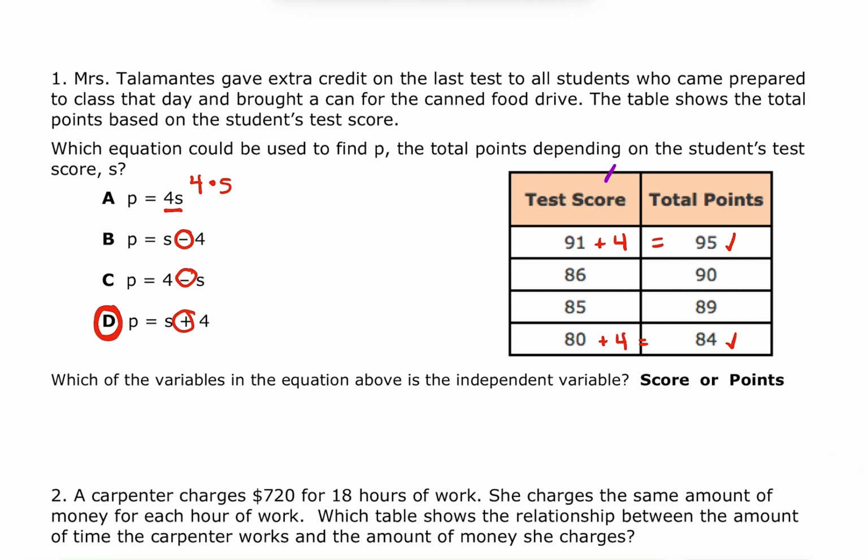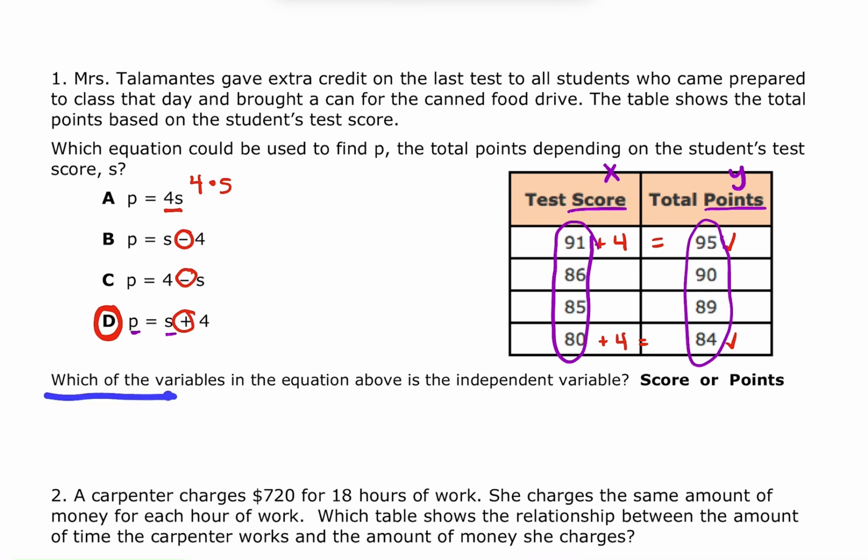So this technically is still my X and this technically is still my Y, but they use S for score and P for points. So they are saying that you are going to take your S, which is this row, you're going to add 4, which is what we did, and it's going to equal your P, which is your Y here. Okay, so that is, again, my answer.